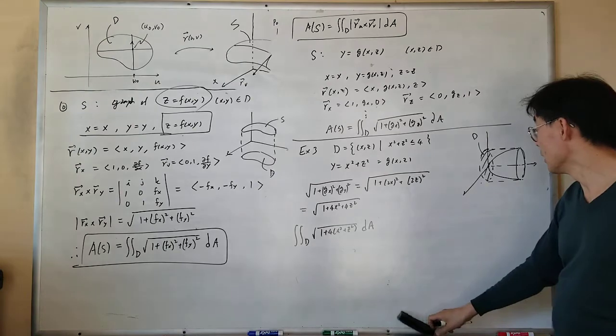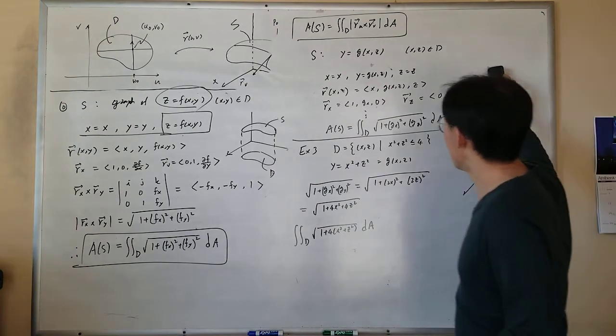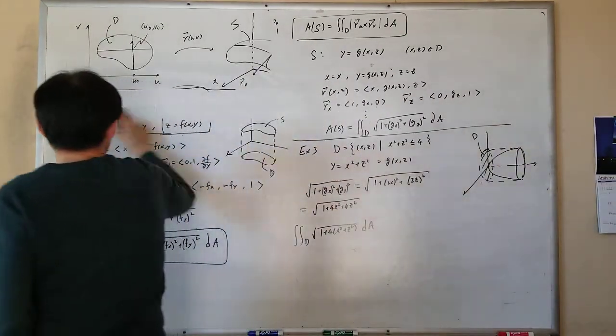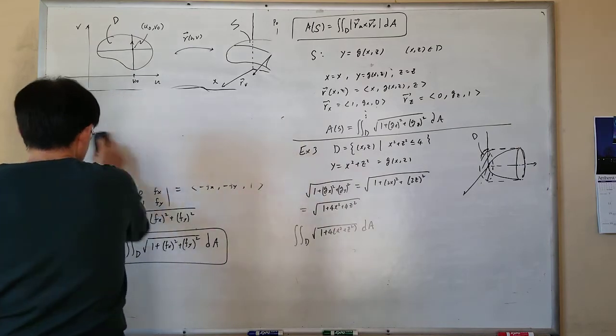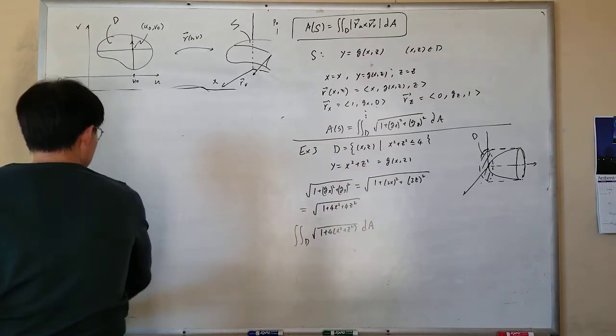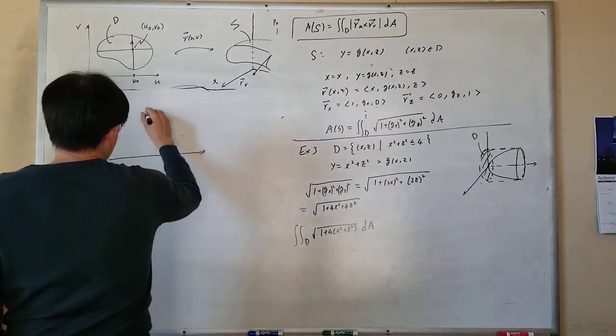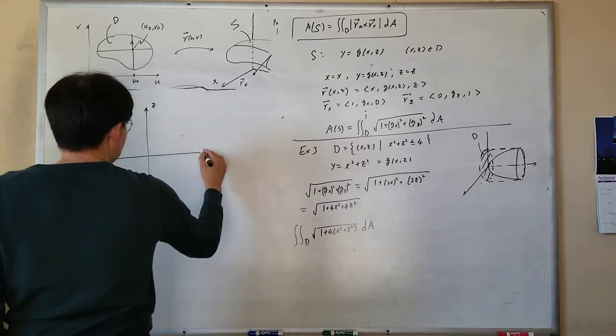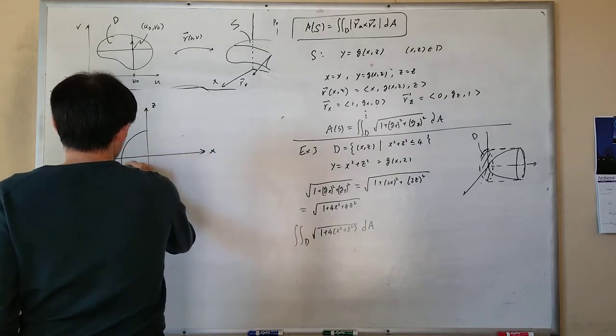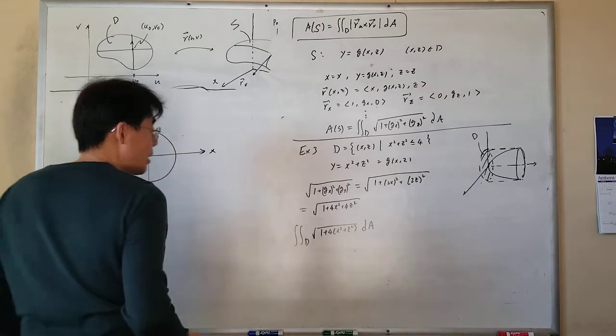Now, you could try to do this one using the xz rectangular coordinate system. But as you can see, if I draw in the xz plane, this is the domain, a circle, right?